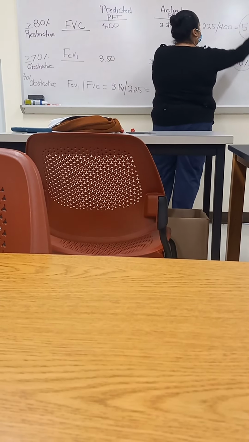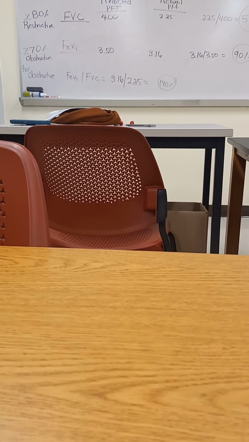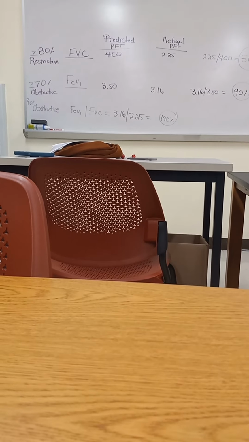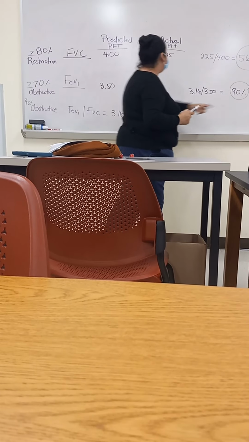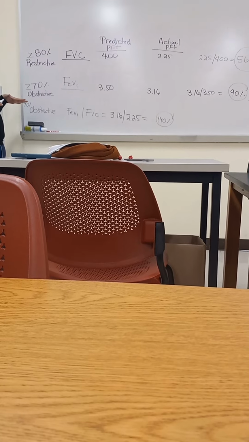So what is my patient's main problem, an obstructive or restrictive disease? Restrictive. Because these two numbers are greater than 70%, so I can rule out obstructive.